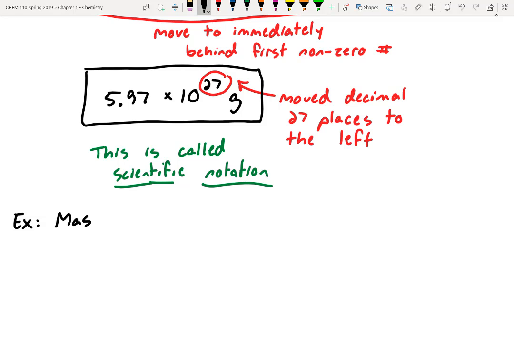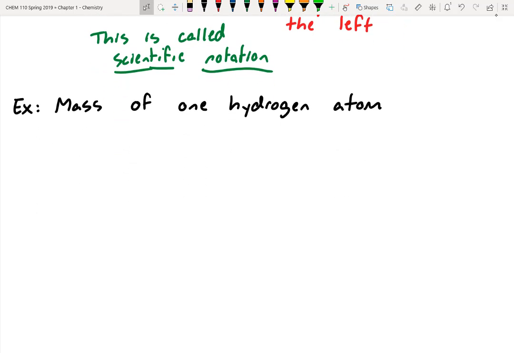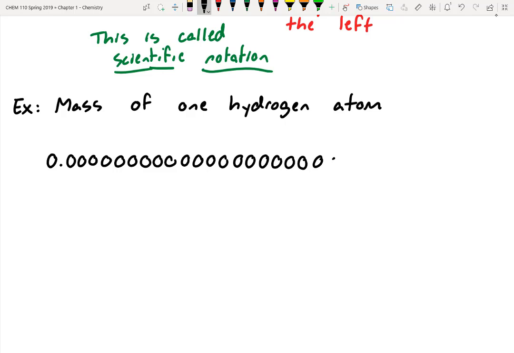We'll do the mass of hydrogen. All right, and same idea. I'm going to have to count really quick. I think it's like this.